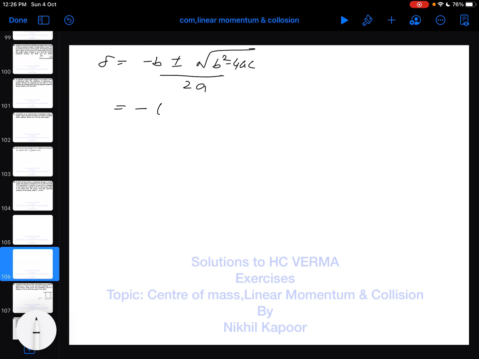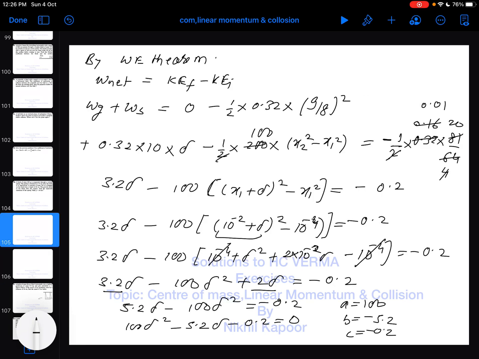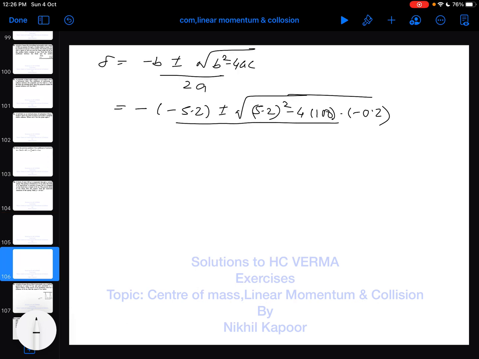Minus 5.2, so minus minus 5.2 plus or minus under the root of 5.2 the whole square minus 4 into a, that is 100, into c, that is minus 0.2, 4ac. Okay, that is right, upon 2a, so that will be 2 into 100, minus minus plus 5.2 plus or minus under root of.